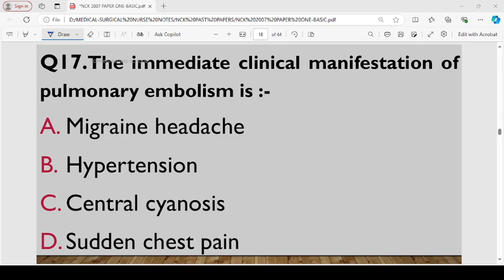Pulmonary embolism often causes hypotension and not hypertension. Option C talks about central cyanosis. Cyanosis can occur, but sudden chest pain is more immediate and more characteristic of pulmonary embolism, and that makes option D the correct one.